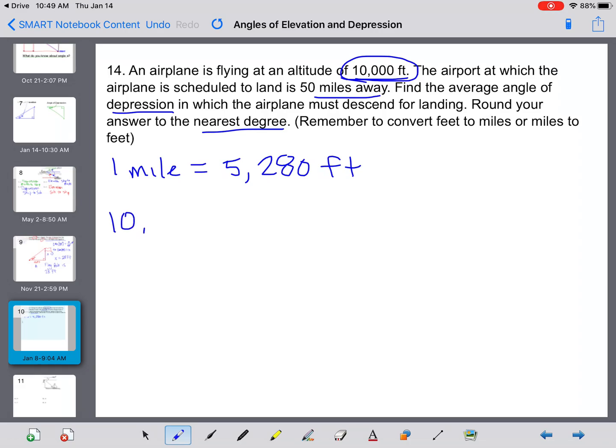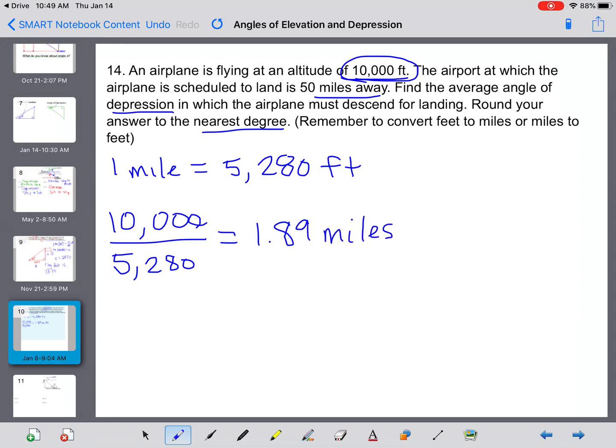Well, we would take our 10,000 feet, and how many times can we divide 5,280? So 10,000 divided by 5,280, we would get 1.89 miles. If we wanted to do the other conversion, we had 50 miles, and we know that 1 mile is 5,280.